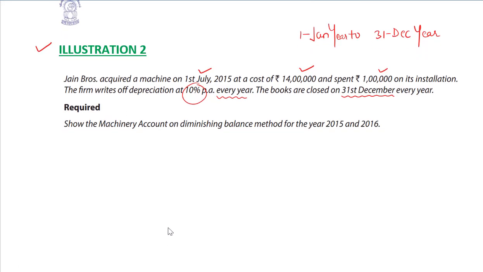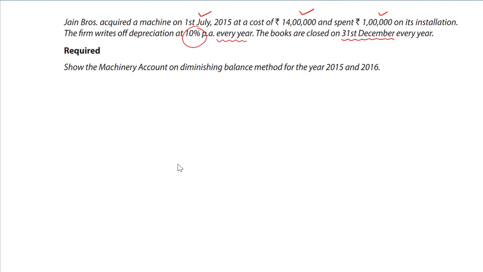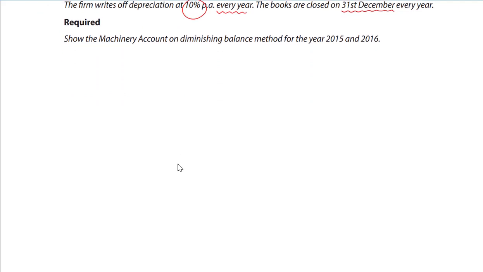Let us try to draw the machinery account quickly. Right, solution. Machinery account.